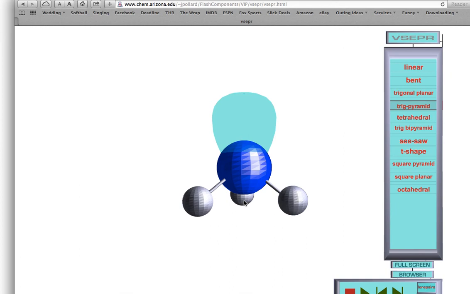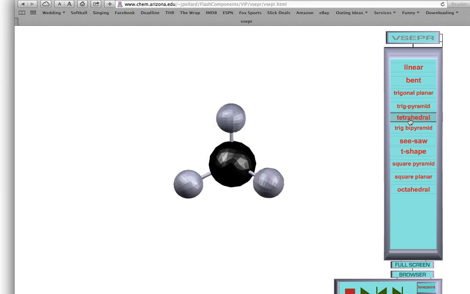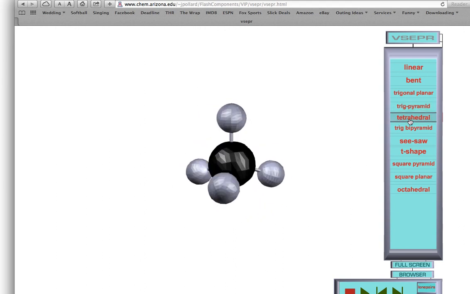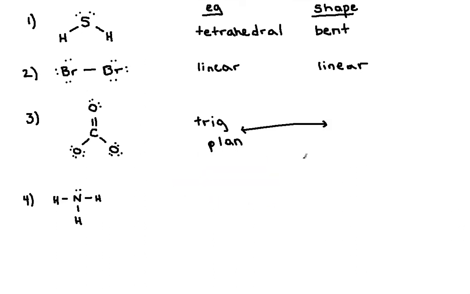But interestingly, in electron geometry, you have to consider the lone pairs of electrons as another thing coming up, so the electron geometry is actually going to be tetrahedral. It's going to look more like that. If we consider the lone pair of electrons to be another bonding atom, then it's tetrahedral. So the electron geometry of NH3 is tetrahedral. I'm just going to write tet because I'm a little bit lazy.